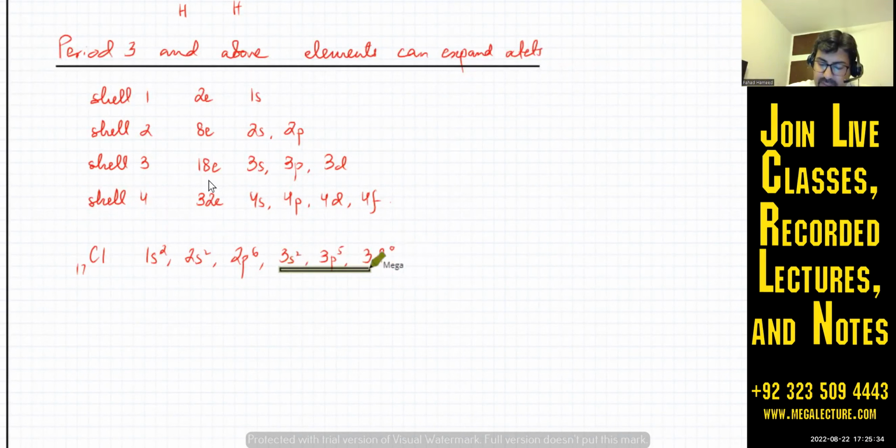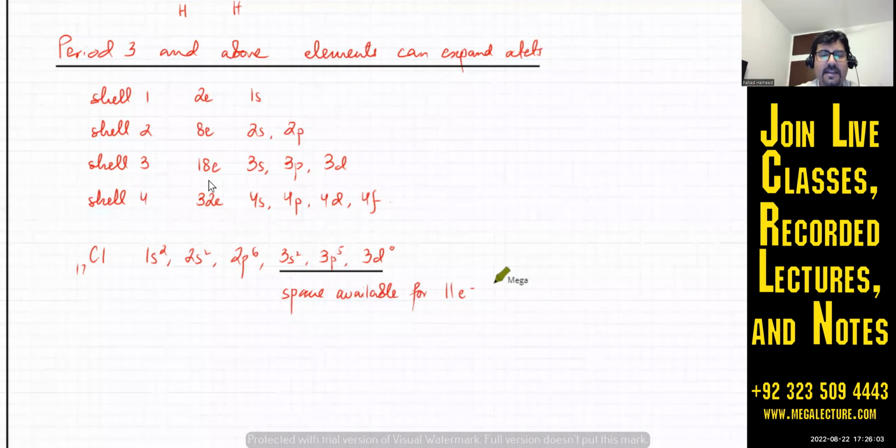So the outermost shell of chlorine has room available for 11 more electrons. So it doesn't really need 1 electron. It can actually accommodate 11 electrons. At least there is space available for 11 electrons. Is that clear? Chlorine can have a lot more than 8 electrons. Is that idea clear?